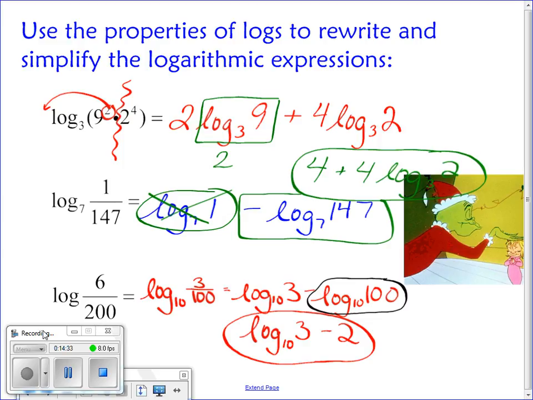All right, guys, let's talk about something real quick, because Jesse brought up a good point. On this last problem, do you have to put this in parentheses to keep this as something separate so I don't actually do 3 minus 2 as 1? It's a good question. No, you do not have to. Kind of like with exponents, whatever the exponent is right next to is what it goes with. Same idea with logs. The fact that this 3 is right next to the log base 10, that goes together.